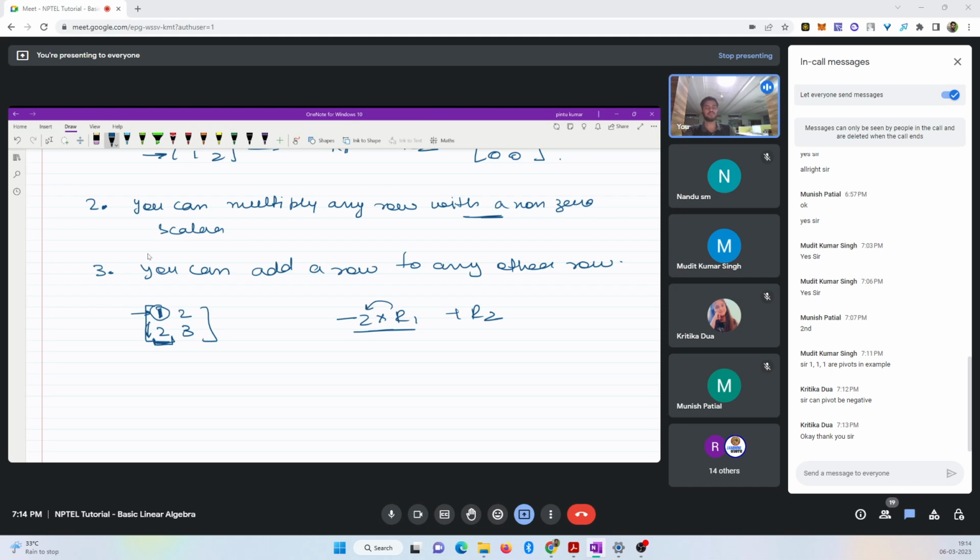So these two rules work together. You can also replace these two rules by: you can add or subtract any row to another row. So this also works. Okay. So if we take R2 to be R2 minus 2 times R1, what do we get? We get 1, 2, 0 and -1. This is our row echelon form.